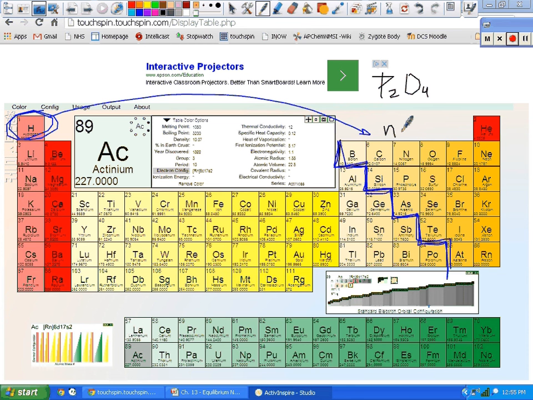All right, y'all are saying a bunch of good answers, but the specific thing I was looking for was non-metal. So, Taya, you said since they're both non-metals, it's what kind of bond? Covalent. And Alec, you said since it's covalent that it must have what? Perfect. That's exactly right. So since they're both non-metals, it is covalent, and since it's covalent, they both need prefixes.